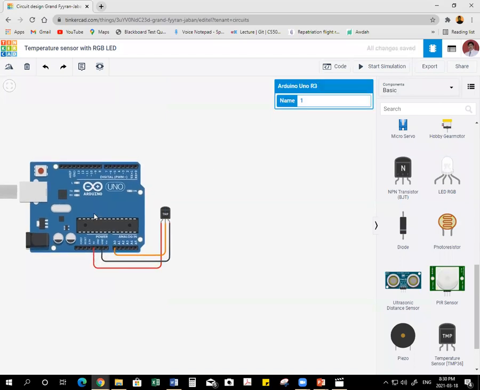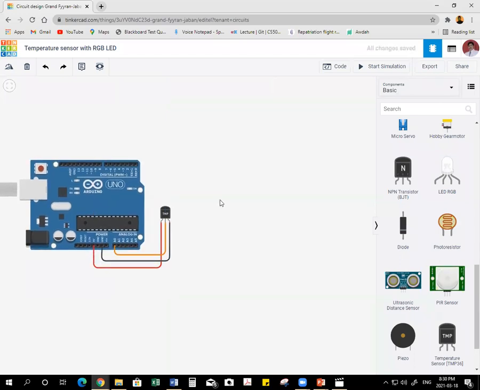Okay, the temperature sensor is ready. Now we need the RGB. I will keep it here. Now we need the negative to the ground.